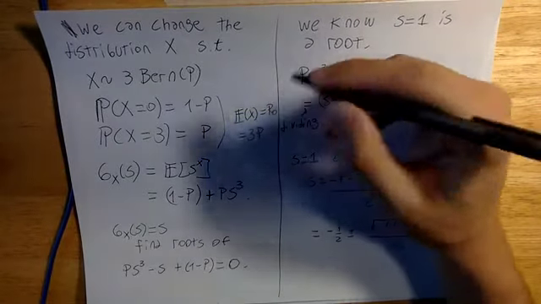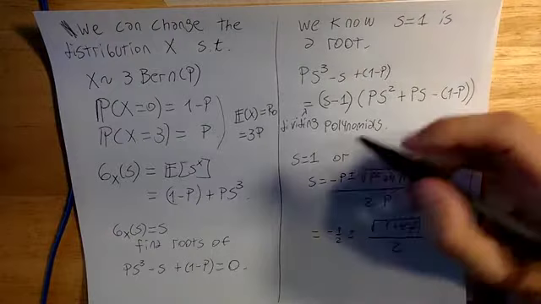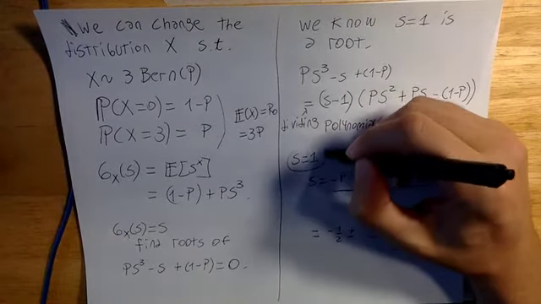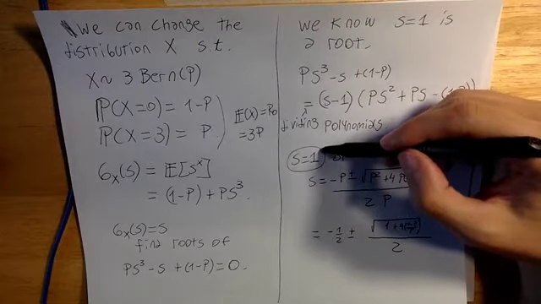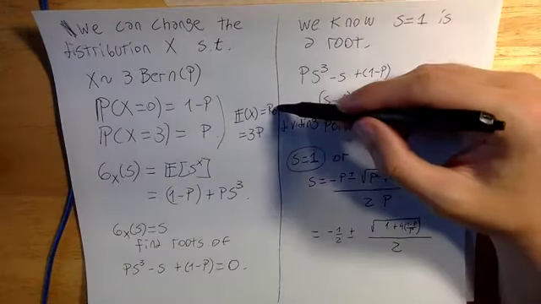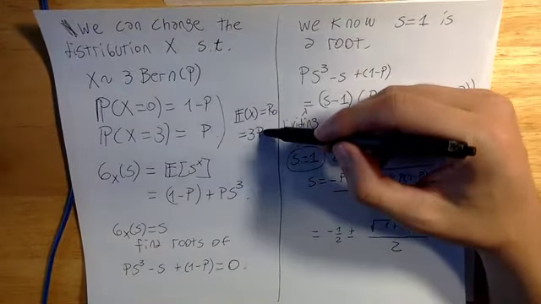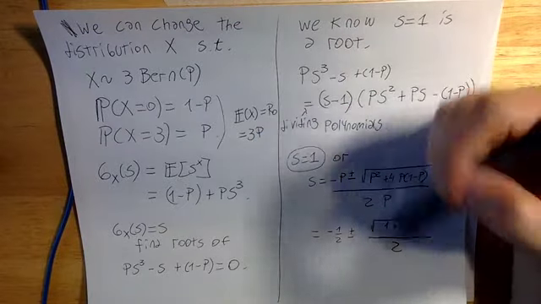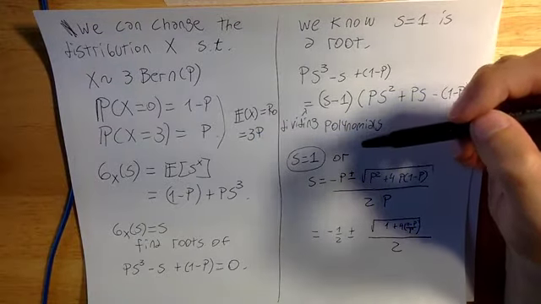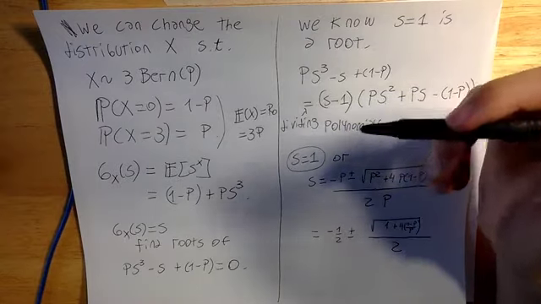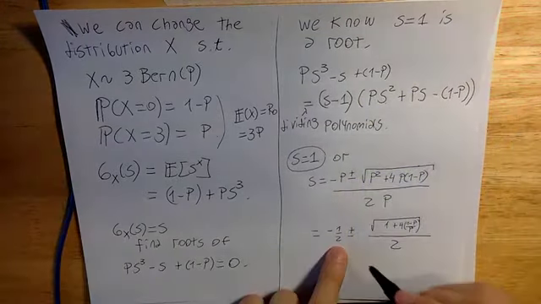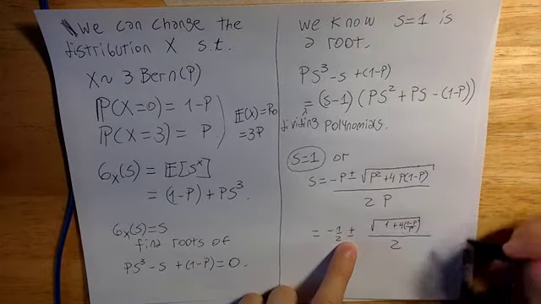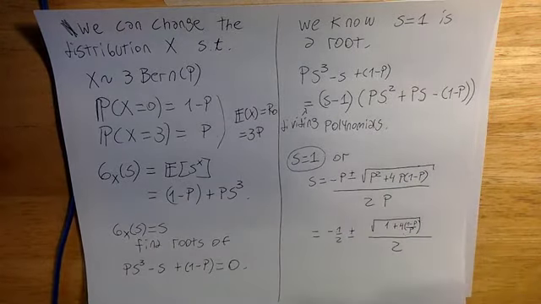If R0 is less than 1, we expect that the only solution, the smallest solution, is going to be s equals 1. But if R0 is bigger than 1, so if 3 times p is bigger than 1, then you expect that there is a smaller solution. So if we take the minus solution here, we get something negative.